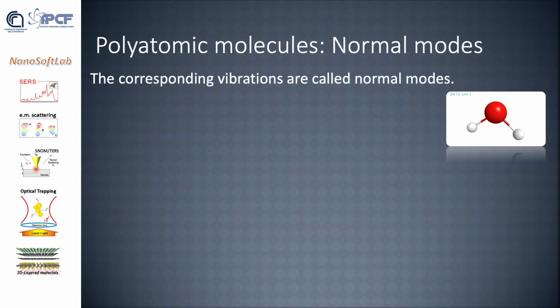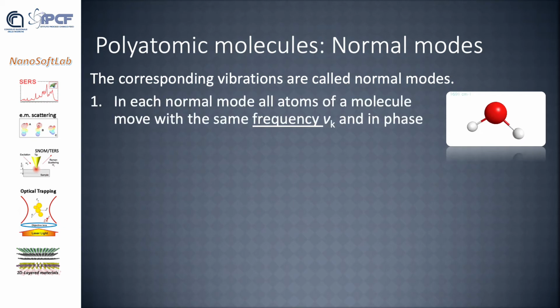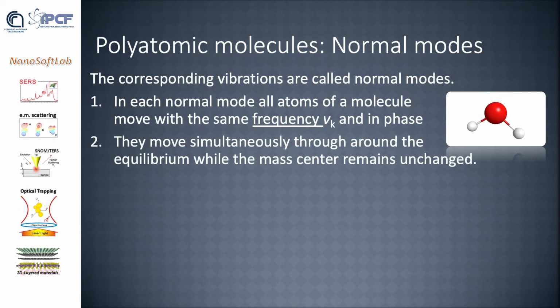Associated to each degree of freedom there is a vibration, and associated to each vibration there is a so-called normal mode. In each normal mode, all atoms of a molecule move with the same frequency, nu k, and they move in phase. The atoms move simultaneously around the equilibrium position, while the mass center remains unchanged.